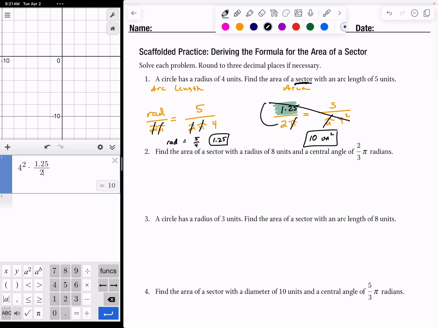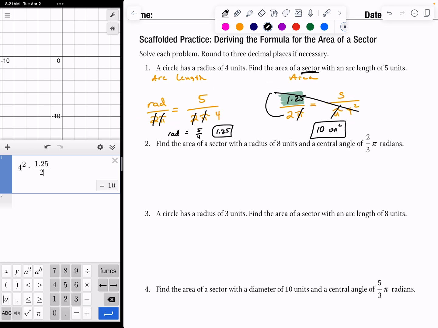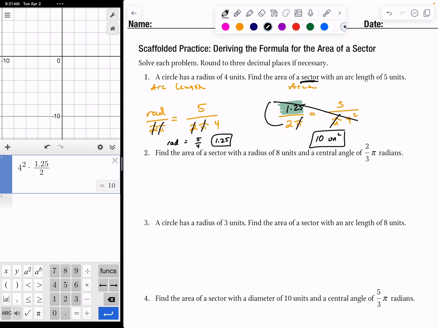Find the area of a sector with radius 8 and a central angle. Okay, so we don't have to do two things. Just sector. So pi 8 squared, this is area right here.